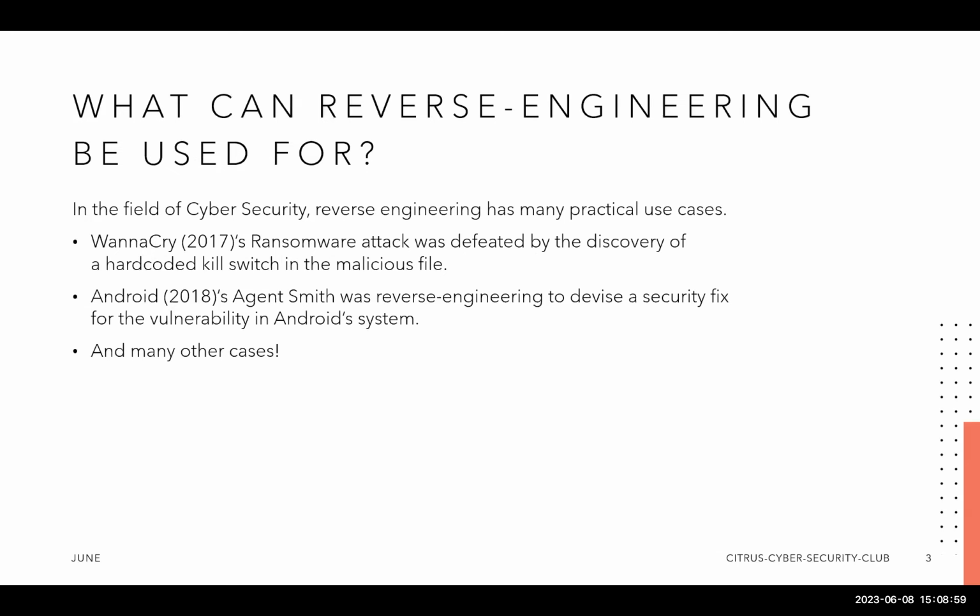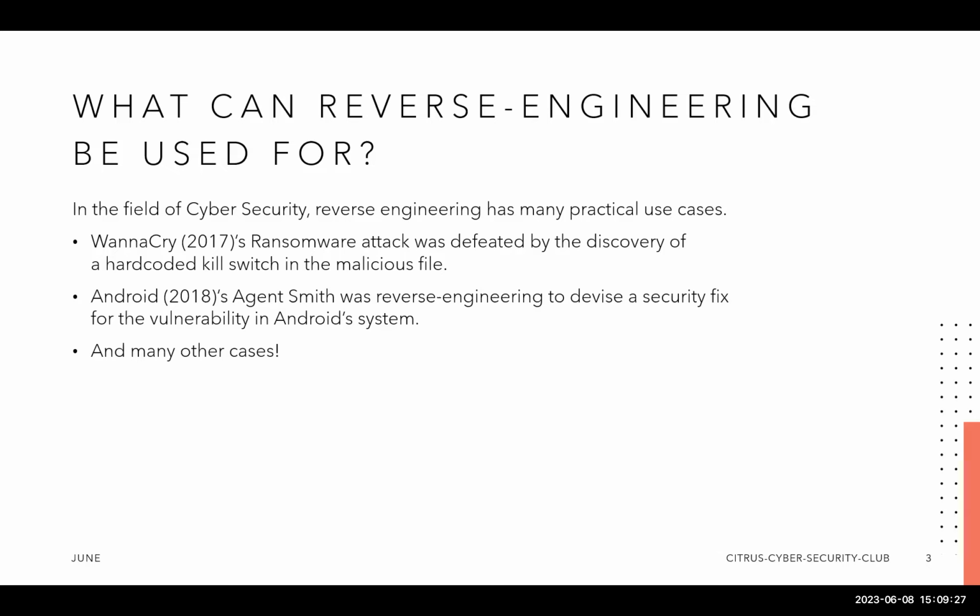So what can reverse engineering be used for? Well, specifically in cybersecurity, reverse engineering has been commonly used for figuring out what malware does. Back in 2017, WannaCry, a famous ransomware, was all over the internet. Companies would be infiltrated by this malware, which would hold their systems hostage against them for money.